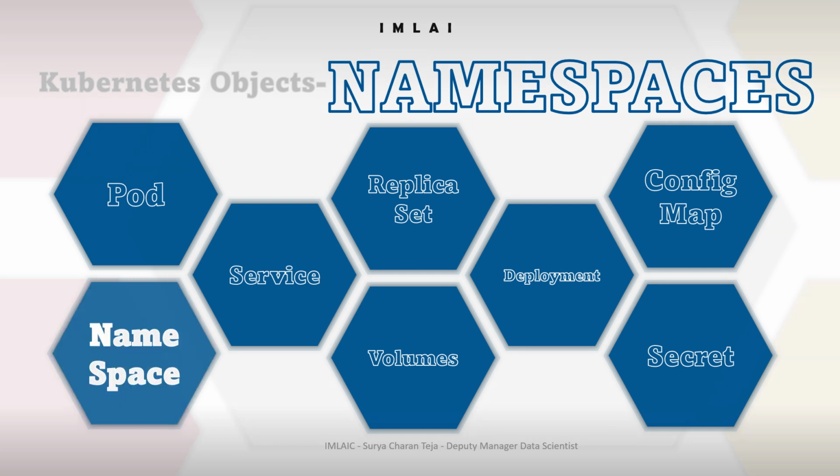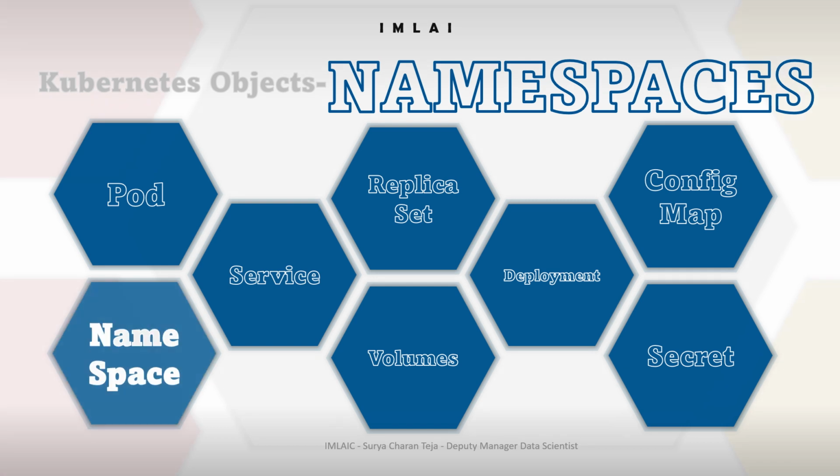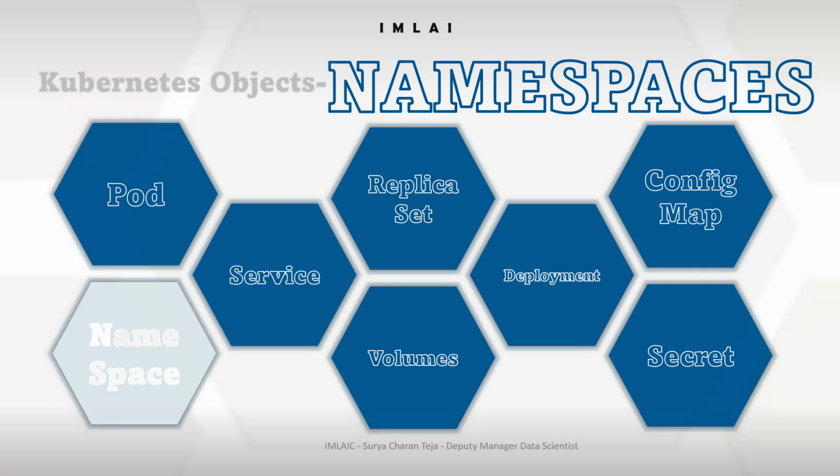Namespaces are a way to divide cluster resources between multiple users. So it is not necessary to use multiple namespaces to separate slightly different resources such as different versions of the same software. For that, you have to use labels to distinguish resources within the same namespace.